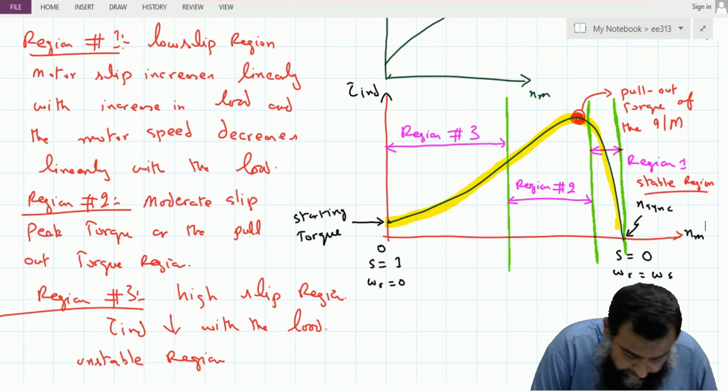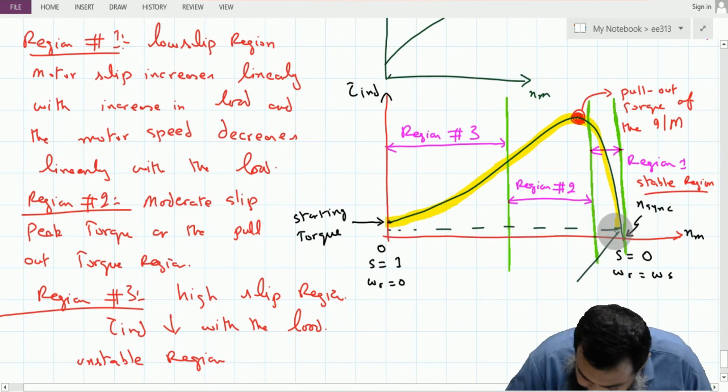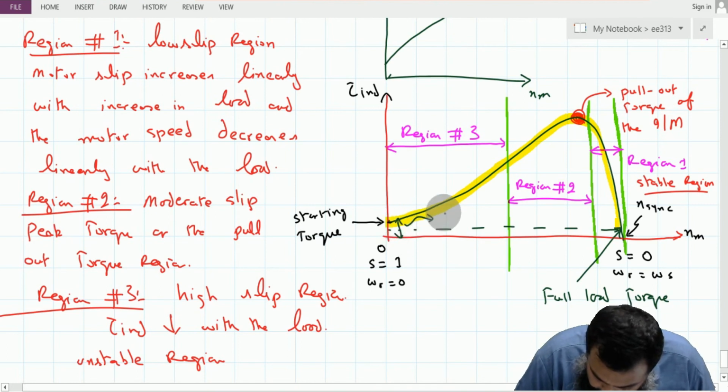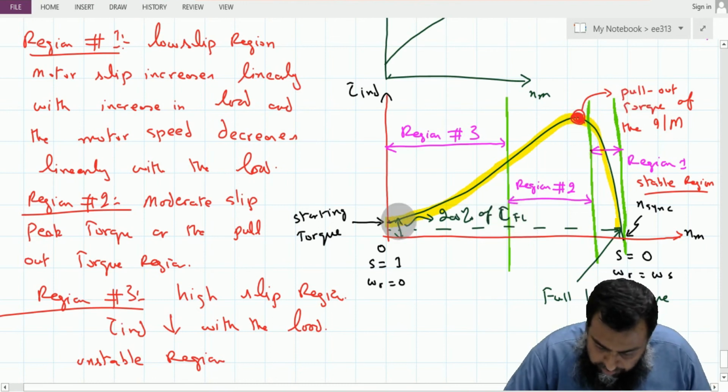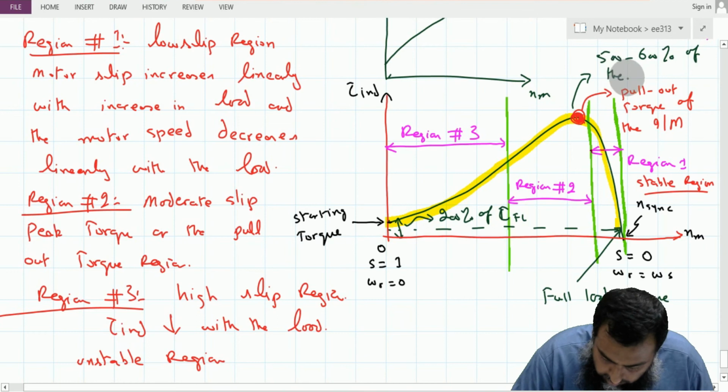Now, if this is the full load torque, then this starting torque is approximately 200% of the full load torque, and this pull out torque is usually between 500 to 600% of the full load torque.